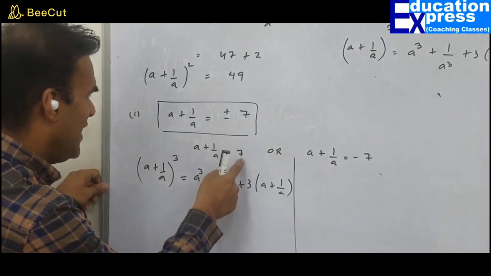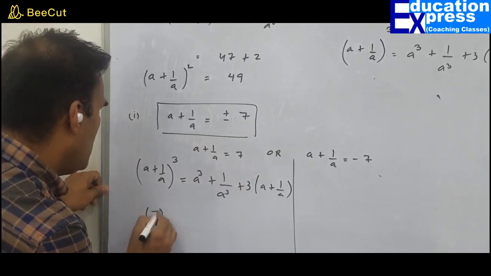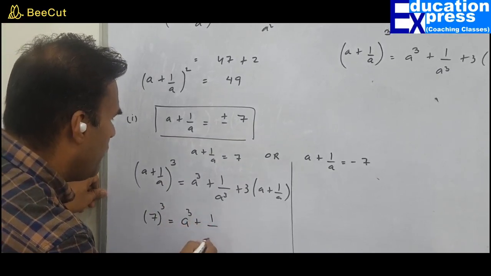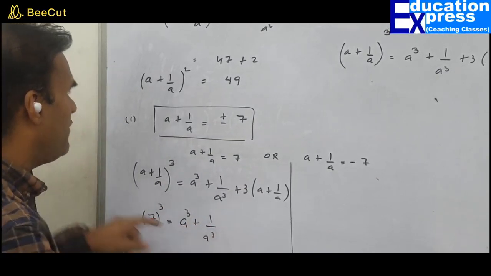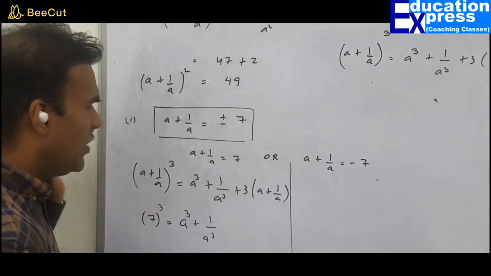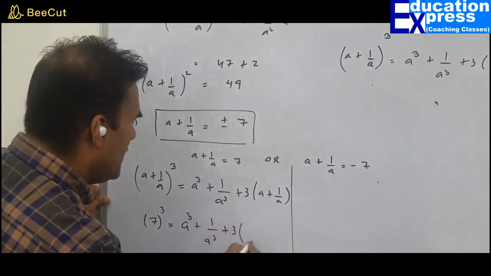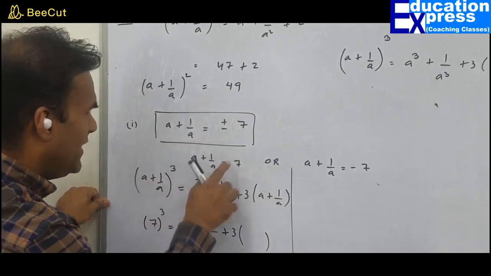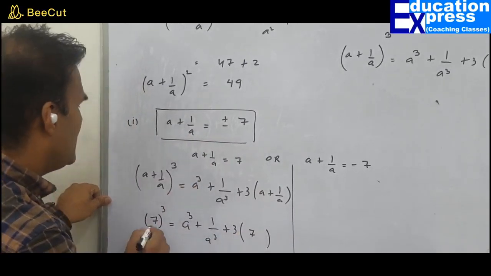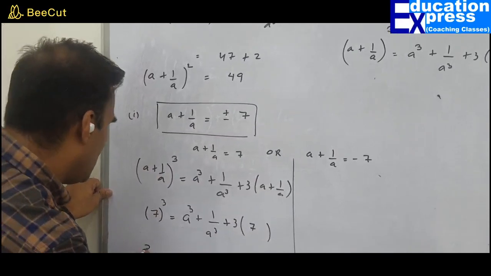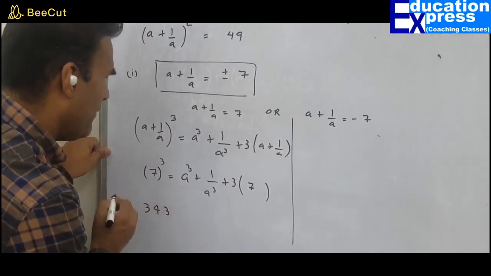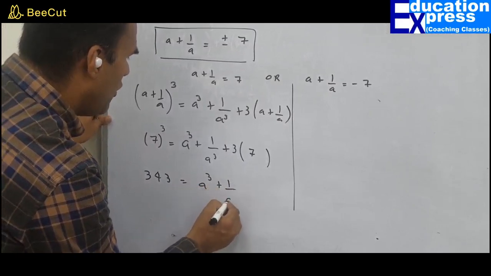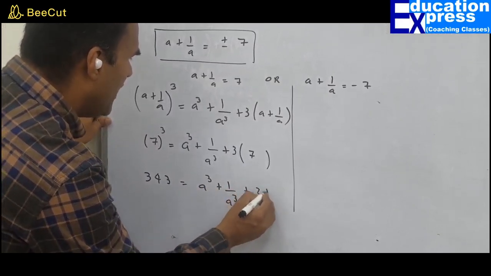How much is that? 7. 7 cube equals a cube plus 1 upon a cube, which is the part I have to find and is unknown, plus 3 times (a plus 1 upon a), and a plus 1 upon a is 7 in this example. 7 sevens are 49, 49 sevens are 343, equals a cube plus 1 upon a cube plus 21.